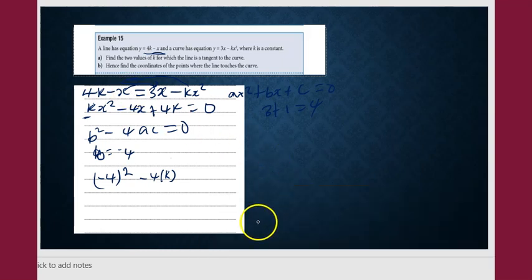Supposed to get the final answer y. Let's take a different color.